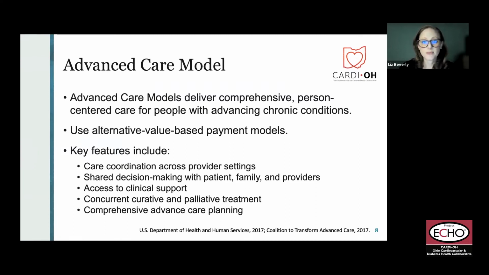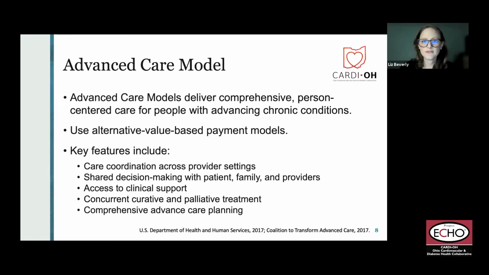Quite simply, advanced care models deliver comprehensive person-centered care for people with advancing chronic conditions like type 2 diabetes and cardiovascular disease. So the things that we've been discussing throughout this case series for Project ECHO. And advanced care planning is the process that enables individuals to make plans about their future healthcare. What makes advanced care models unique? Some of the things that make them unique are the use of alternative value-based payments.